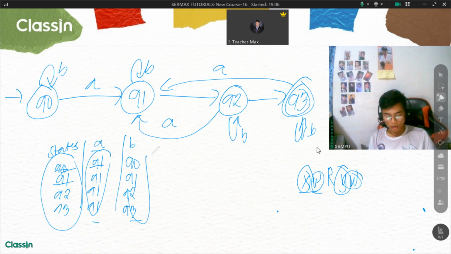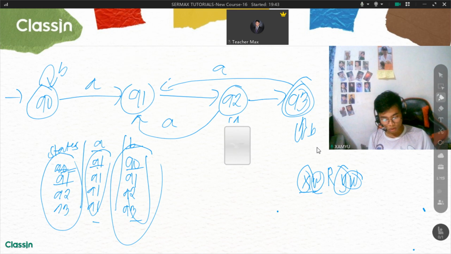However, it does have the equivalence relation, if we are dealing with the equivalence relation. But we are just focusing on the right invariance relation. So in the right invariance relation, make sure that for all of the states, the transitions are uniform. So therefore, from Q0, the input B must go to Q0.